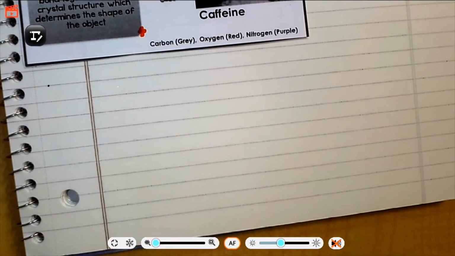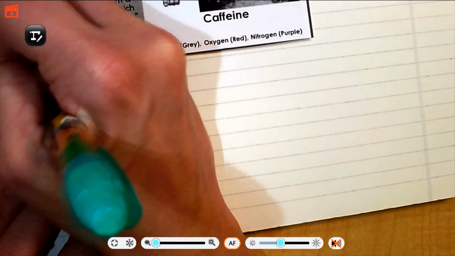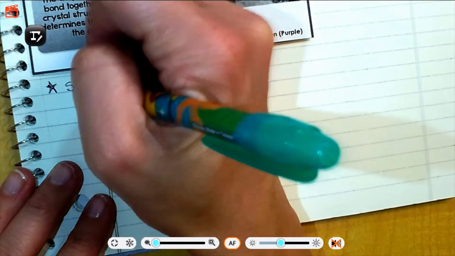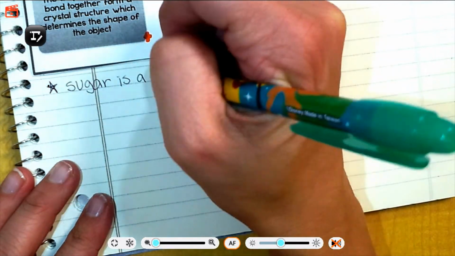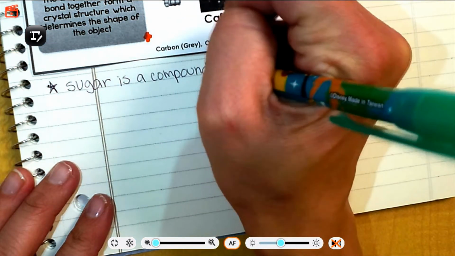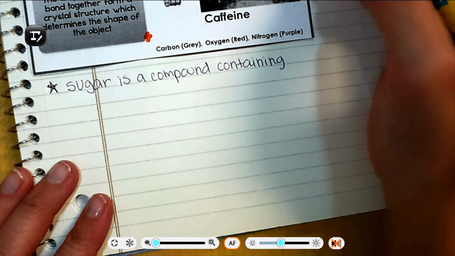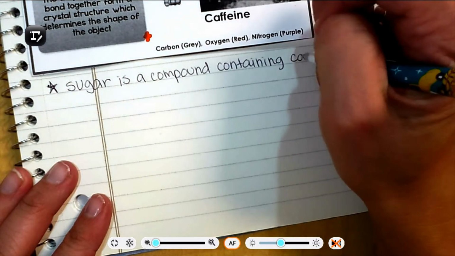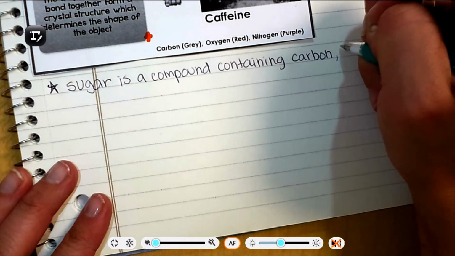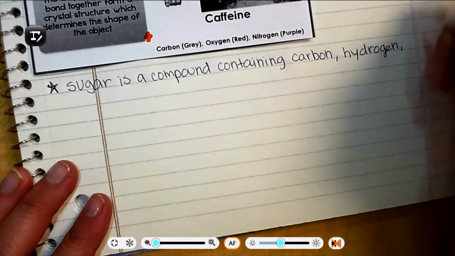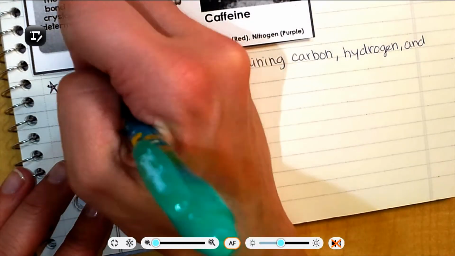My hand is definitely going to be in the way. Okay, so we're going to first talk about some examples. So I like to do stars. You can do a dot. You can do a dash. So sugar is a compound containing carbon, remember that's a C, hydrogen and oxygen.